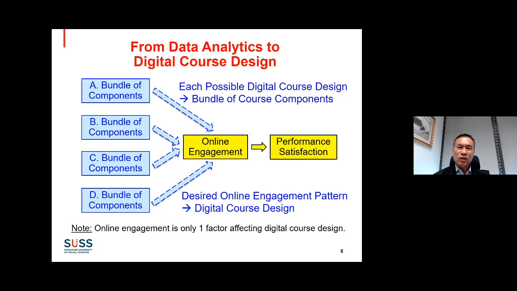So we know what kind of online engagement is generated by each of the different course designs or course components. If we believe in a certain pattern that will help us maximize performance, and a certain pattern that will help us maximize course satisfaction, then the results from our learning analytics, from our data analytics, will enable us to identify which bundle is most appropriate for the course that we're trying to develop.